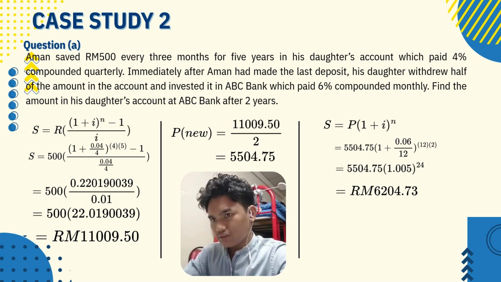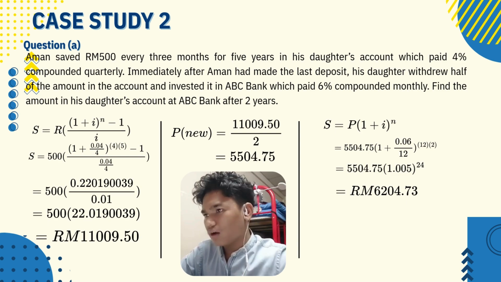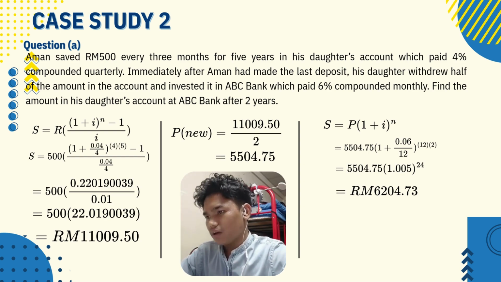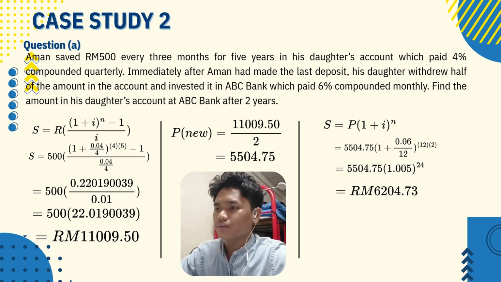For this calculation, we use the future value of annuity formula, which is S equals R[((1 + i)^n − 1)/i]. And after the calculation, the final answer is 11,009 ringgit and 50 cents.